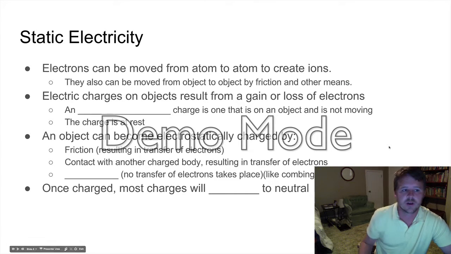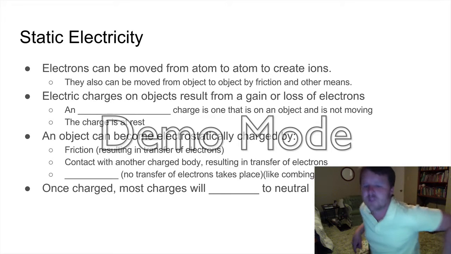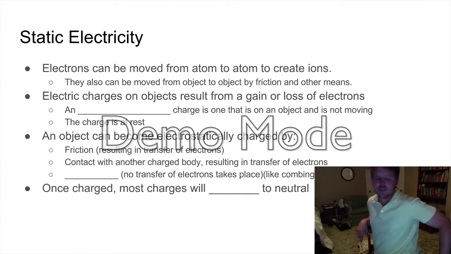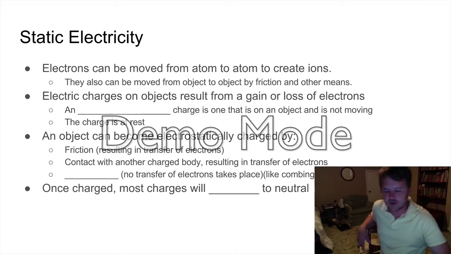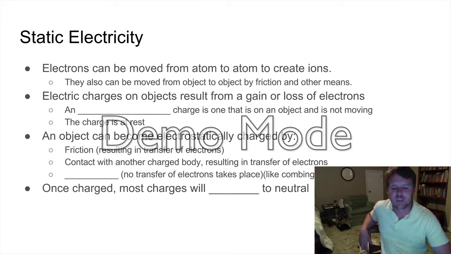So now we're going to talk about static electricity. This is what stings you when you shake someone's hand or when you touch a door handle. So let's say you're getting out of your car and you rub across the car seat.